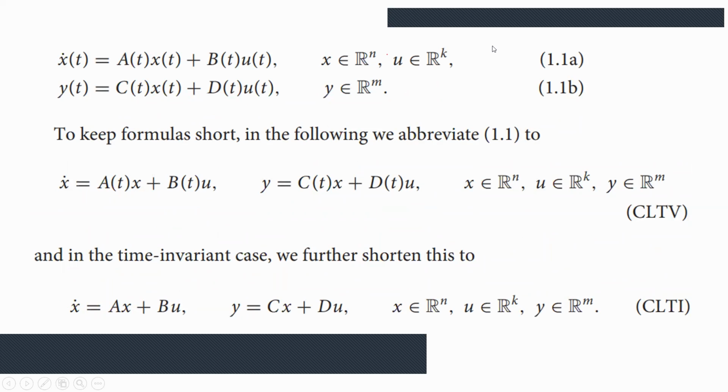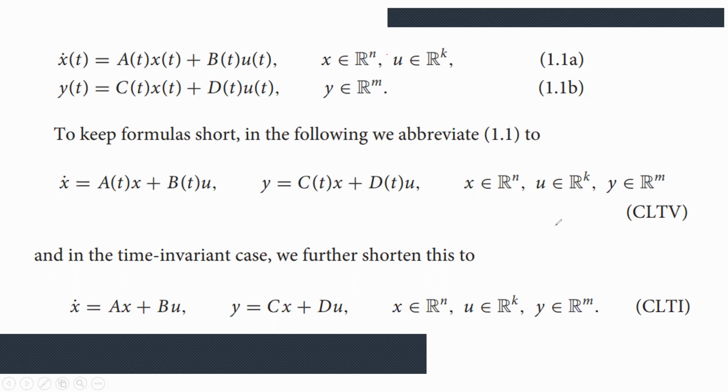Then there's a short form of the formulas, because to write these formulas every time, the book has used a single notation for these two formulas, and this single notation is for time invariant and time variant cases both.